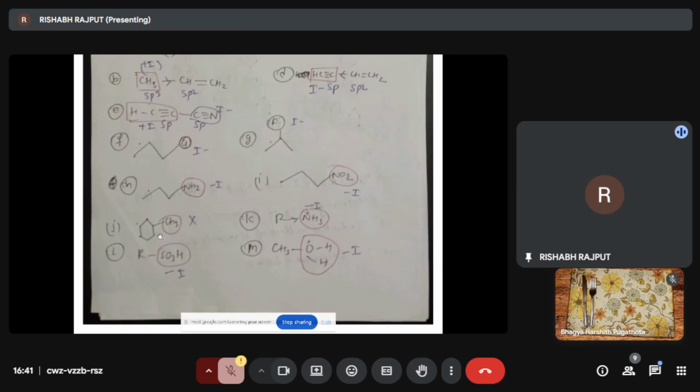Okay. Guys, please see. Whenever you see electronegative elements, that means they will show minus effect.